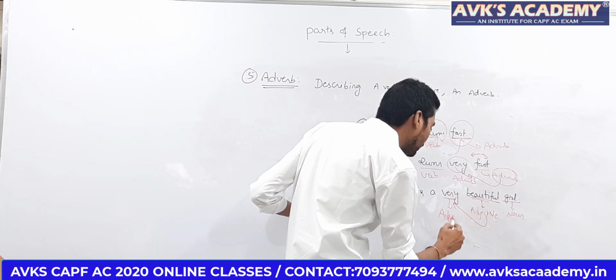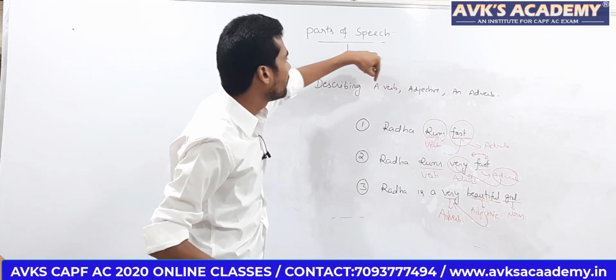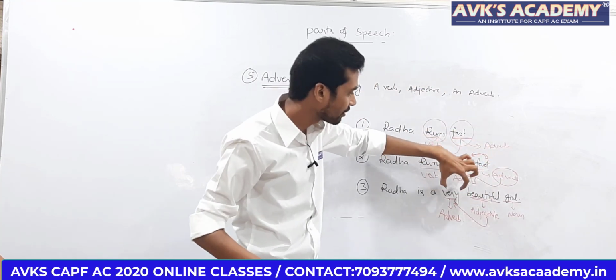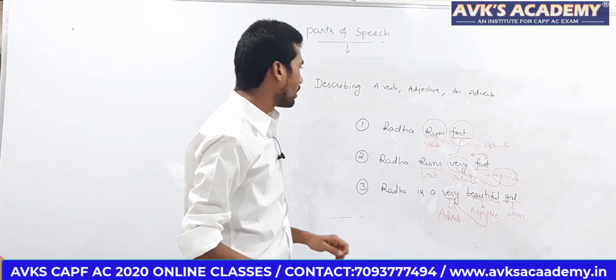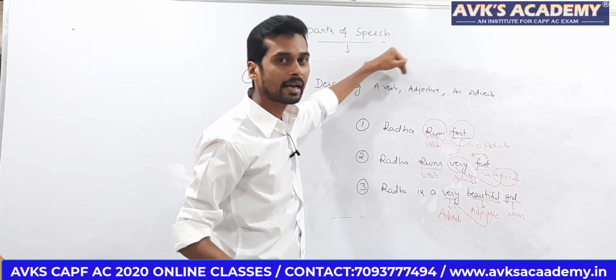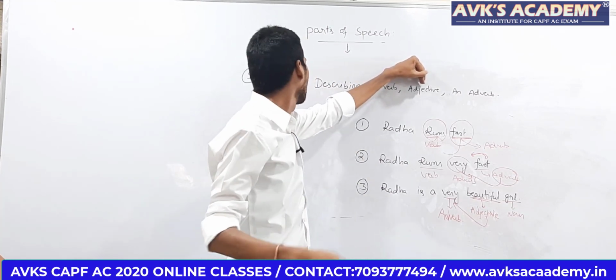An adverb, because that is the definition, right? Describing a verb or an adjective. Here I am describing an adjective, so that's why this very becomes an adverb. Likewise, whenever we have words which describe a verb or an adjective or another adverb in the sentence, that is called an adverb.